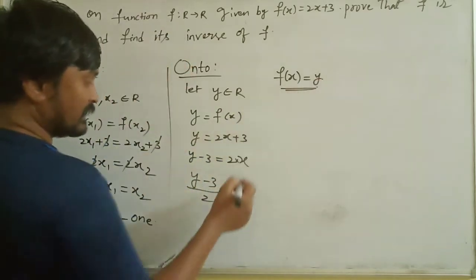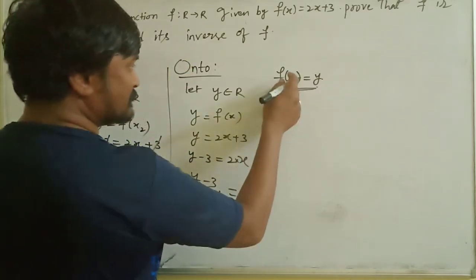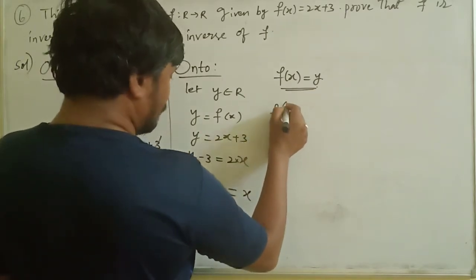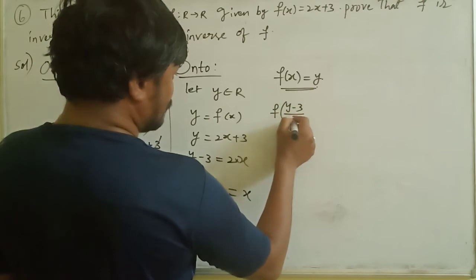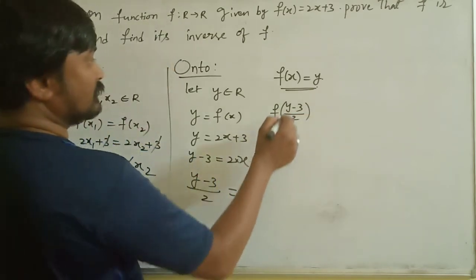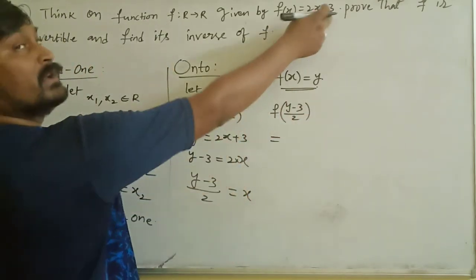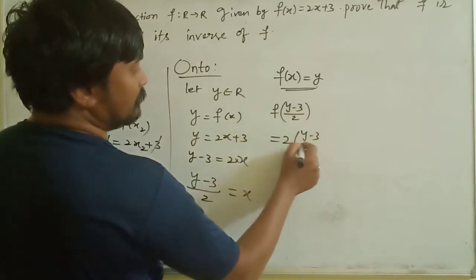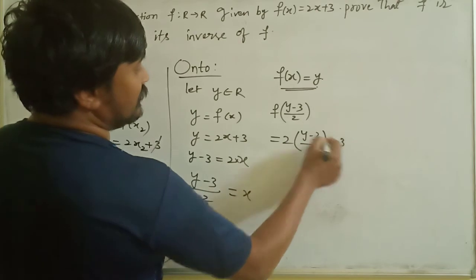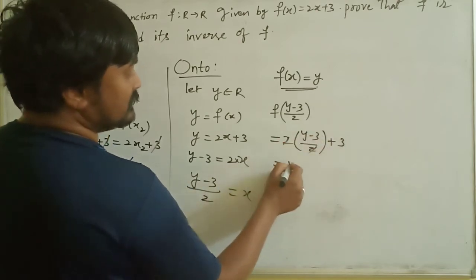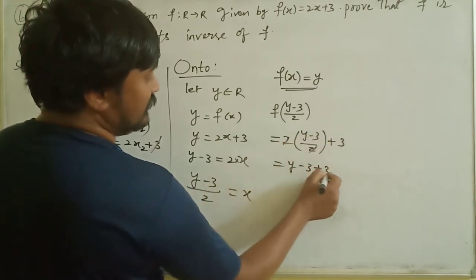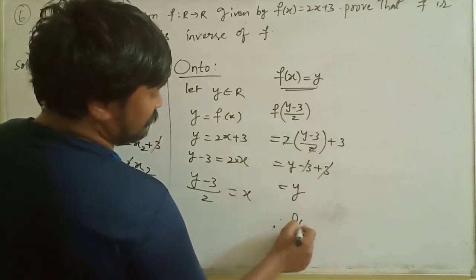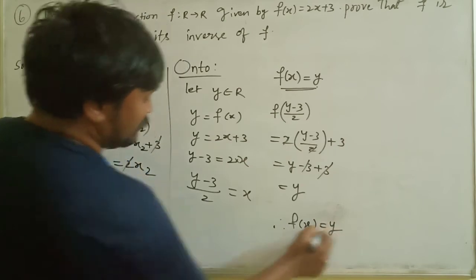So for f of x, just substitute this part. y minus 3 upon 2, and what is f of x? 2x plus 3. 2 into x is here, 2 into y minus 3 upon 2 plus 3. So now 2 gets cancelled, y minus 3 plus 3, minus 3 plus 3 gets cancelled, y. Therefore, f of x is equal to y.